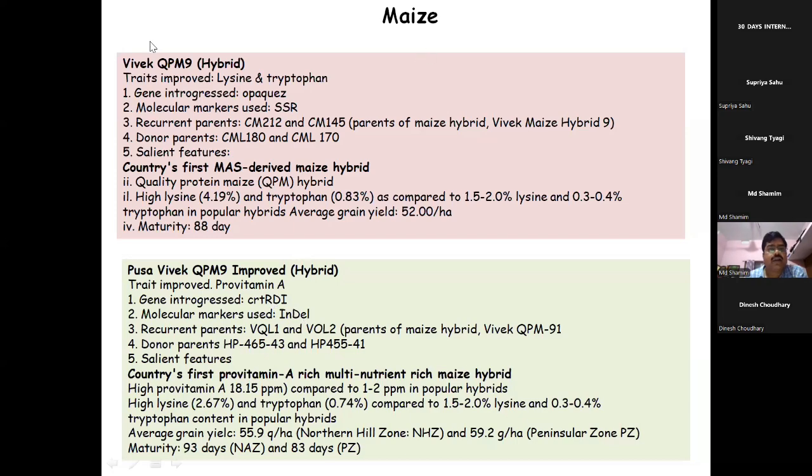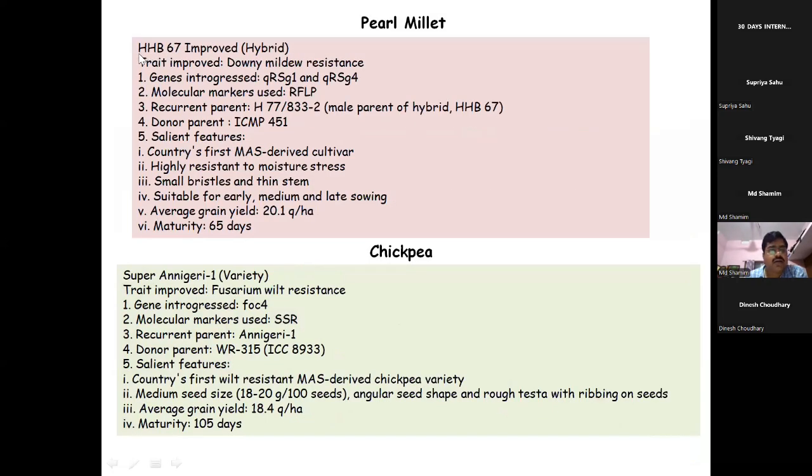And then pearl millet, HHB67, again improved for downy mildew resistance. And then chickpea, Annigeri, one variety, improved for fusarium wilt resistance with the help of molecular markers.